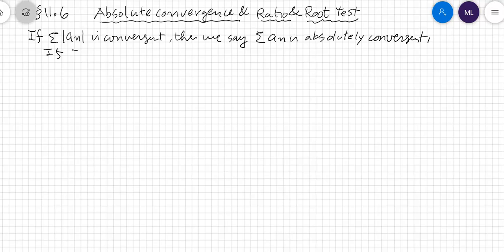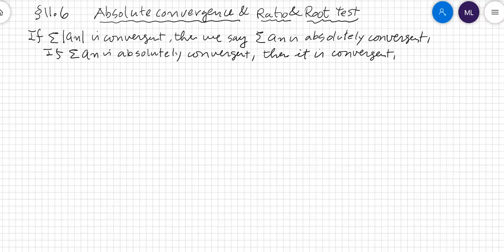If aₙ is absolutely convergent, then it is convergent. I know it's a little confusing, okay, but that's why we do exercise, okay?